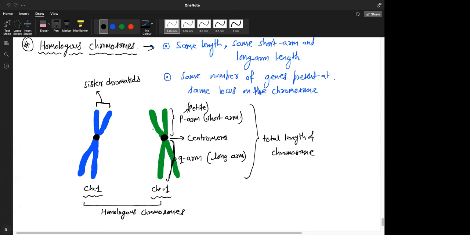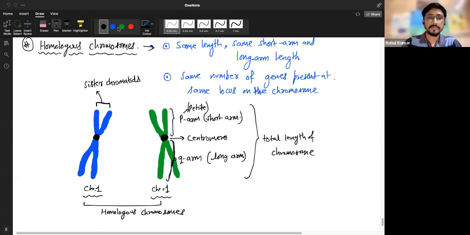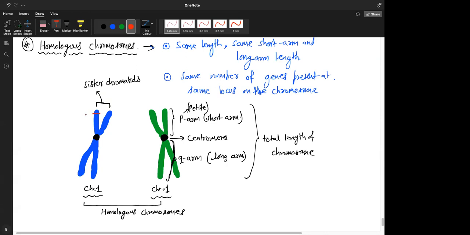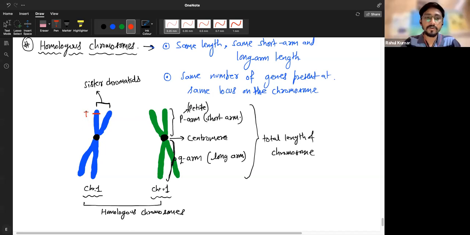Everything is same. But the difference is that there can be a difference in the alleles. So let's say on this chromosome, can you see this red mark here? It is carrying the allele for the gene for tall height, the capital T, the dominant allele. Then the same allele will be present on this sister chromatid, capital T. It cannot be different because they are sister chromatids.